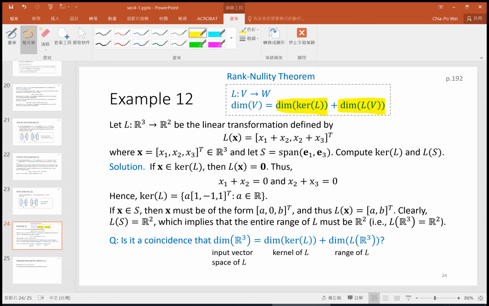So the Rank-Nullity Theorem states that the dimension of V equals the nullity plus the rank, which is consistent with the Rank-Nullity Theorem we have learned in section 3.6. You can verify this by yourself.